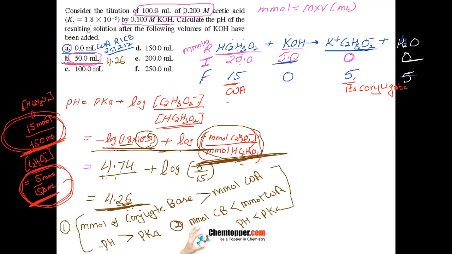Now you have to check the pH of that solution using the Henderson equation because it's a buffer. You need not make the ICE table. You can calculate using an ICE table, but that will be more difficult. Rather, use the Henderson equation where you can take the ratio of the millimoles. I changed the equation here. I explained why.